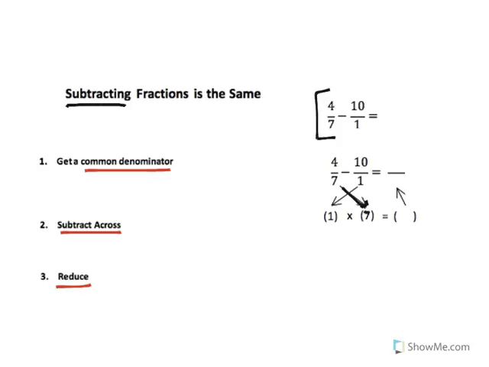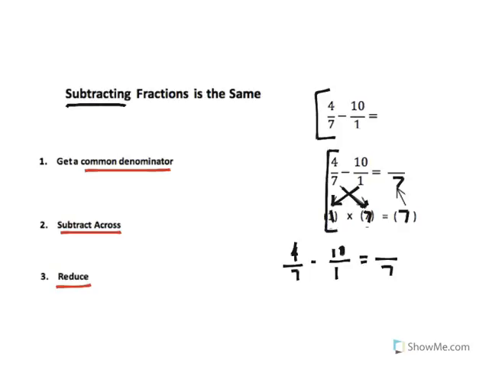I put this number over here. I move this number down here. And now I multiply this times this. I get 7. 7 is the common denominator. Now I have 4 over 7 minus 10 over 1 equals this.